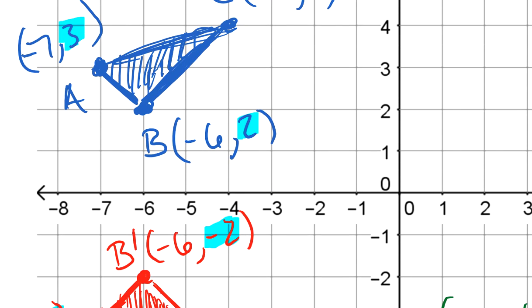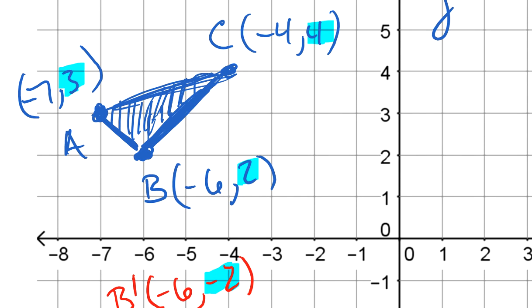So when I do that this time, I guess I'll use the black ink. So for A, I'm going to go over 5. So there's me going 1, 2, 3, 4, 5, and then I'm going to go down 1. So this point right here is my new A, and I'll call this A triple prime.